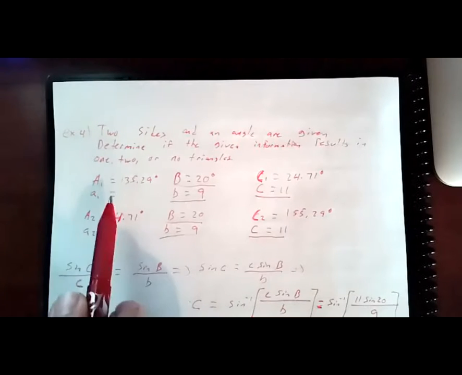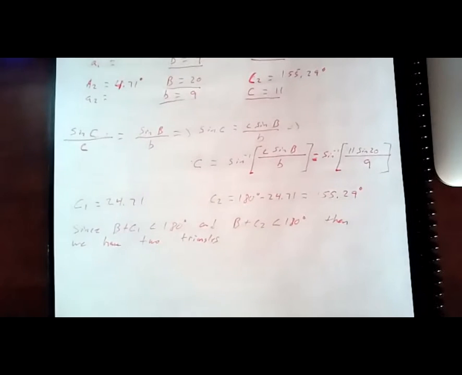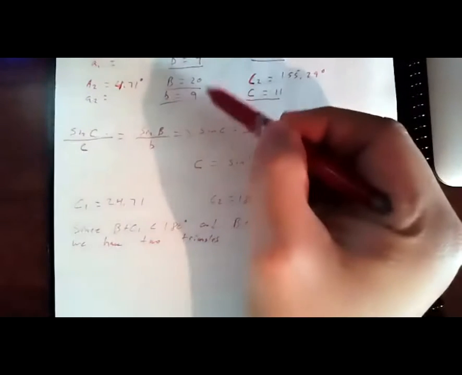Alrighty. So now all we've got to do is find little a1 and little a2, and we're done. I'm going to use the exact angles and sides to help me find these.